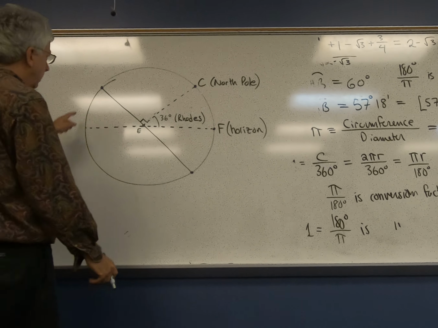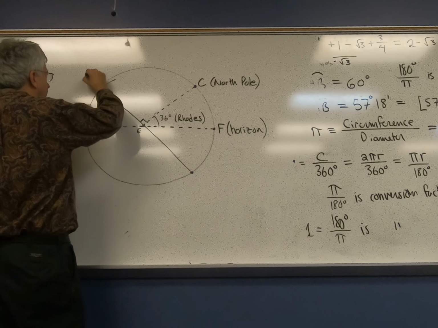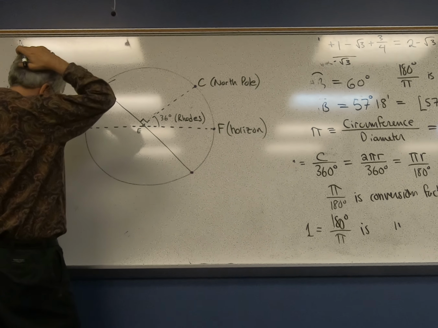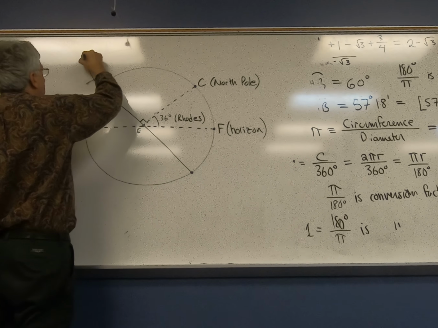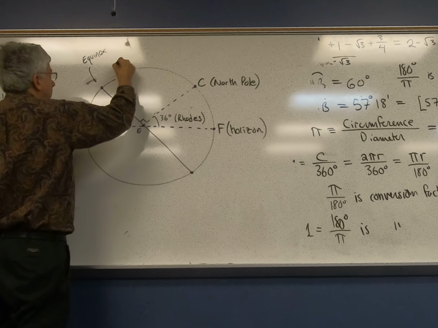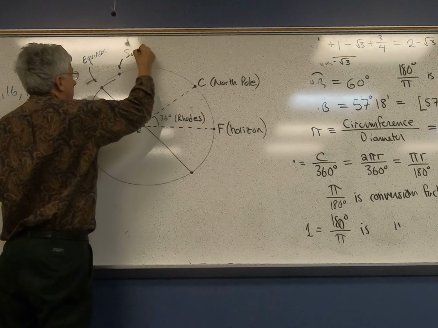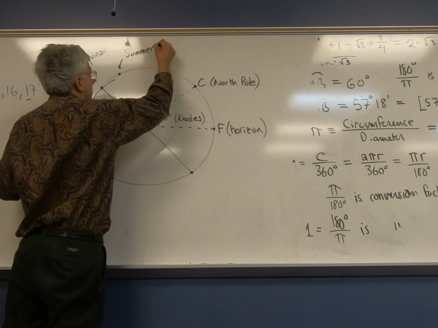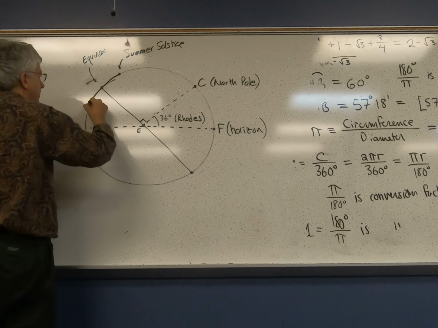So this is then the equator line, and this is going to be the equinox here. The sun is highest in the sky at the summer solstice, and equidistant on the other side.